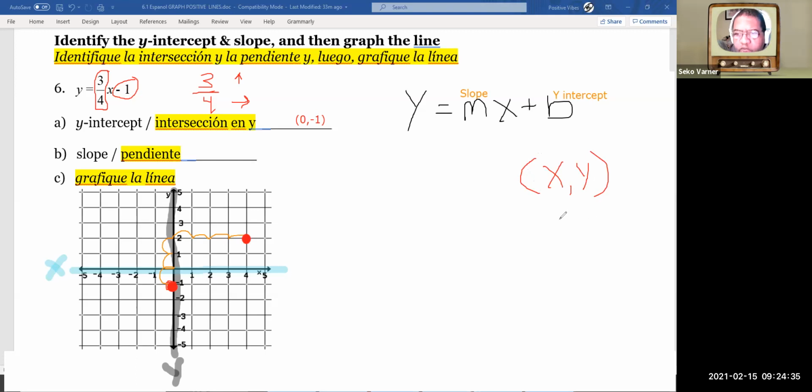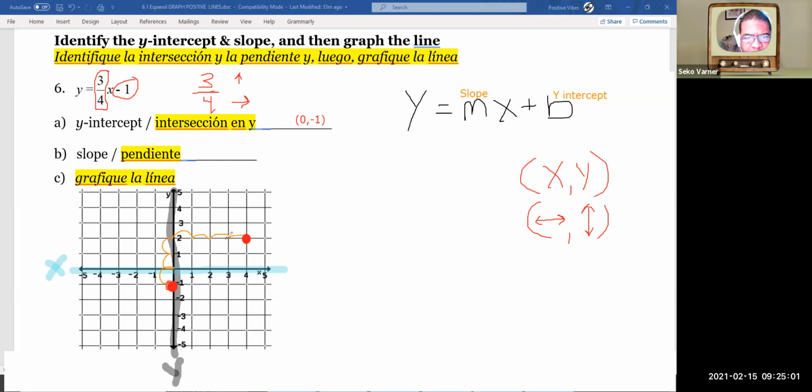And remember, the x is left or right, the y is up or down. So with our y-intercept of -1, that's 0, -1.